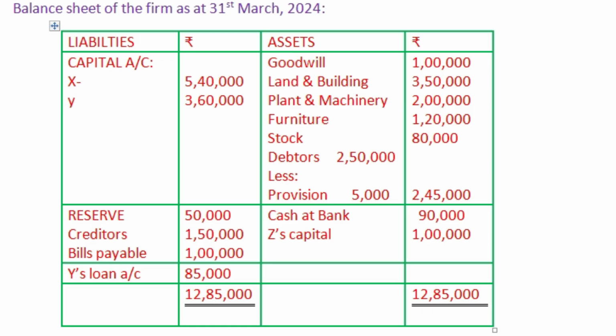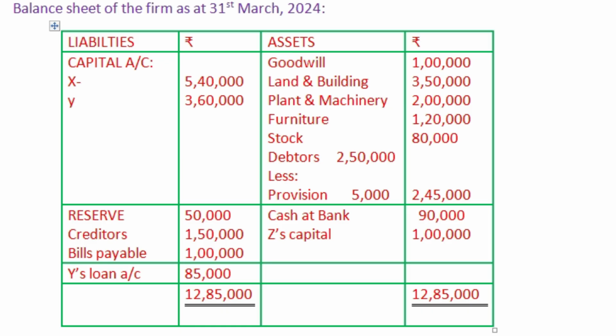Okay, so let's see the question and the solutions on the screen. Step by step I am going to explain to you. About the dissolution problem, recently I had already uploaded one video. So before watching this video, you must watch that video also.